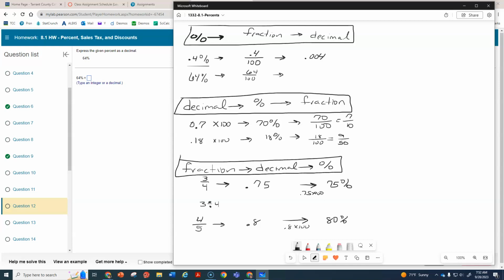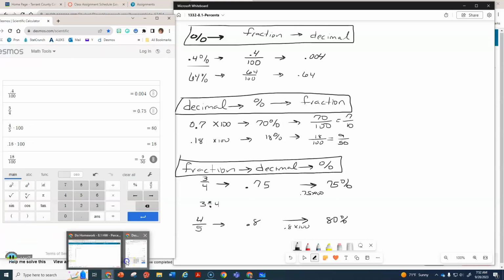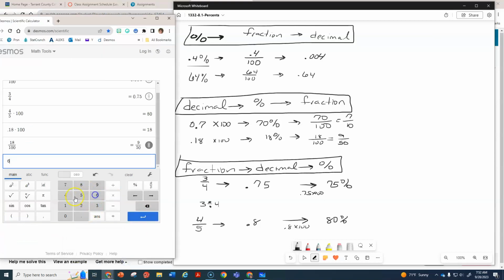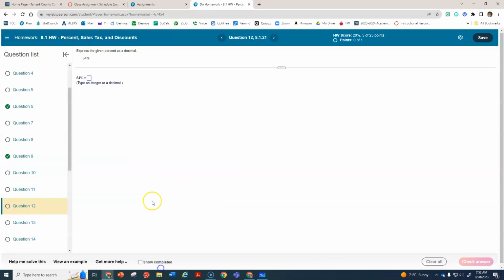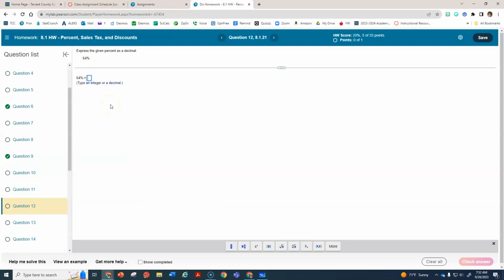That's just going to move the decimal 2 places. Or, of course, you could use the calculator, and the calculator will tell you the same answer. 64 divided by 100 comes out to be 0.64. So type in 0.64.